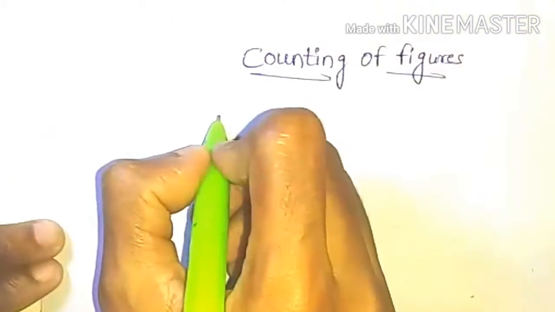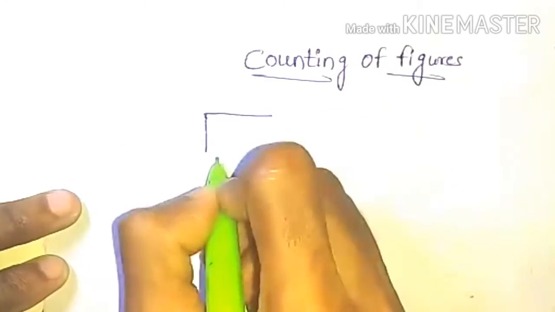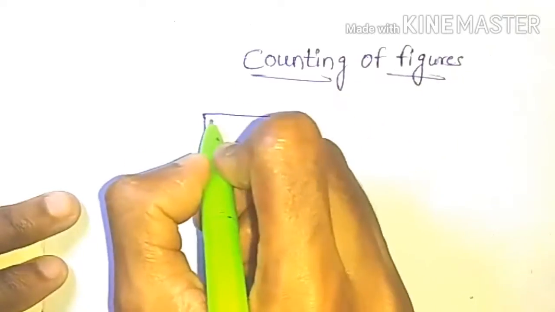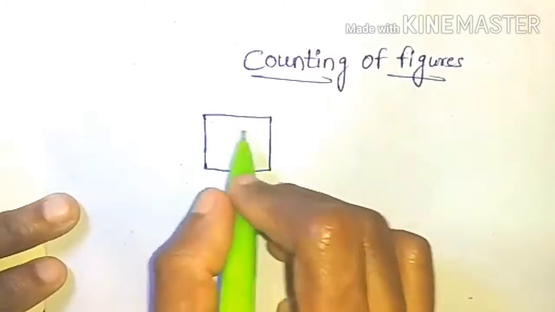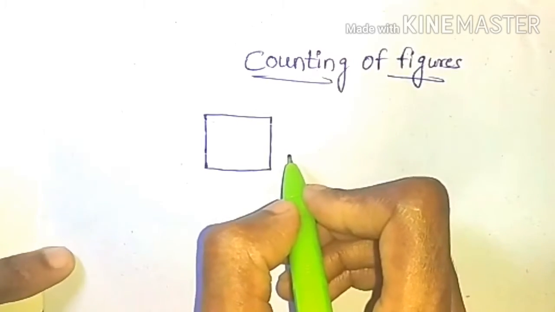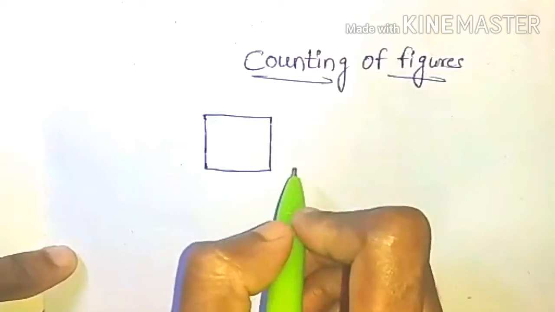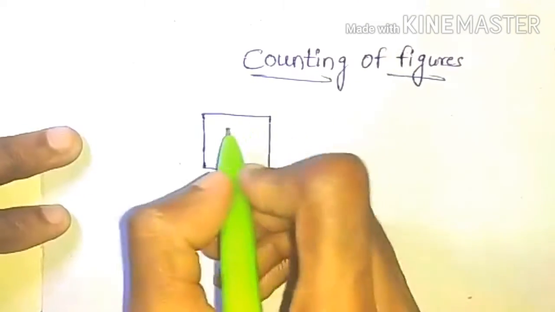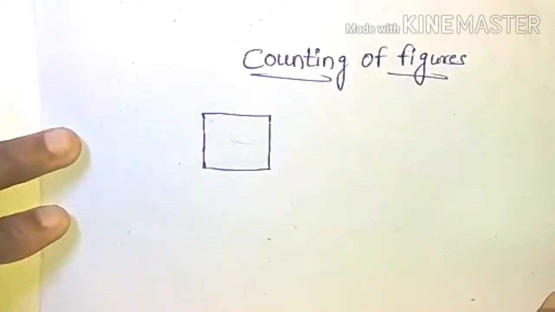So we all know that a square has all equal sides. Now if we want to find the number of squares when rows and columns are equal, let us take one more square.